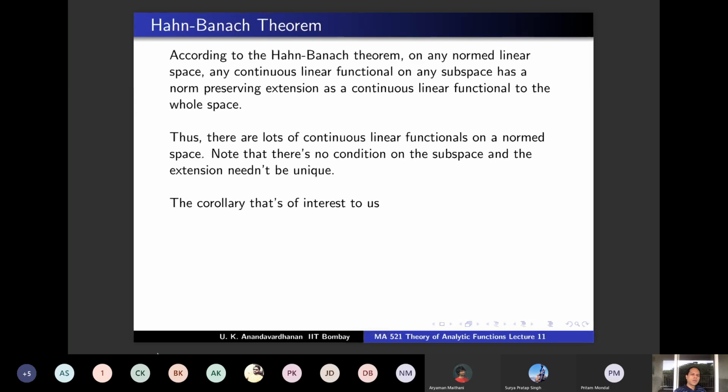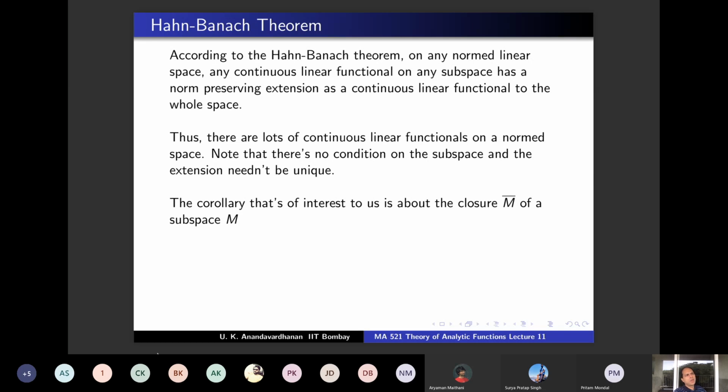The corollary that's of interest to us is this: you take a subspace M and you would like to understand the closure in terms of linear functionals. By linear functional, from now onwards, I mean continuous linear functional, which is also called a bounded linear functional. Because of the norm, a linear functional L is continuous the same as saying it is bounded.